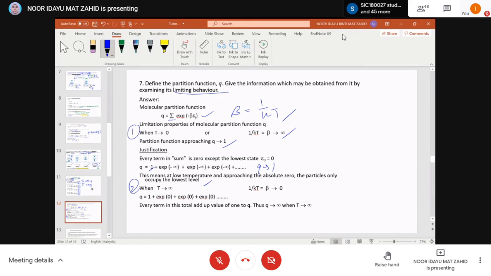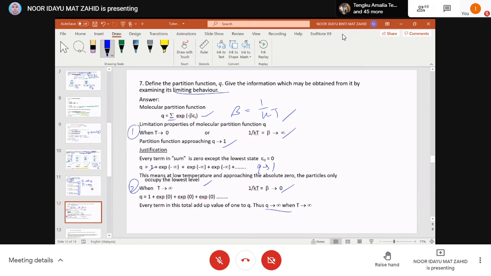When temperature approaches infinity, we go back to your beta, 1 over kT. 1 divided by a large number, infinity, right? Something divided by a large number, the final answer would be very, very small. That's why beta will approach 0. So if you go back to your molecular partition function, the summation, remember the lowest energy level always has the value 1, plus exponential 0, which is equal to 1. 1 plus 1 plus 1 plus 1, keep adding up due to the different energy levels.